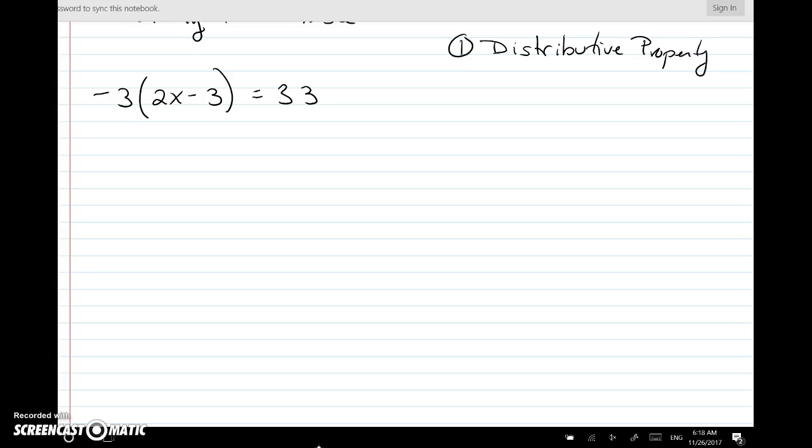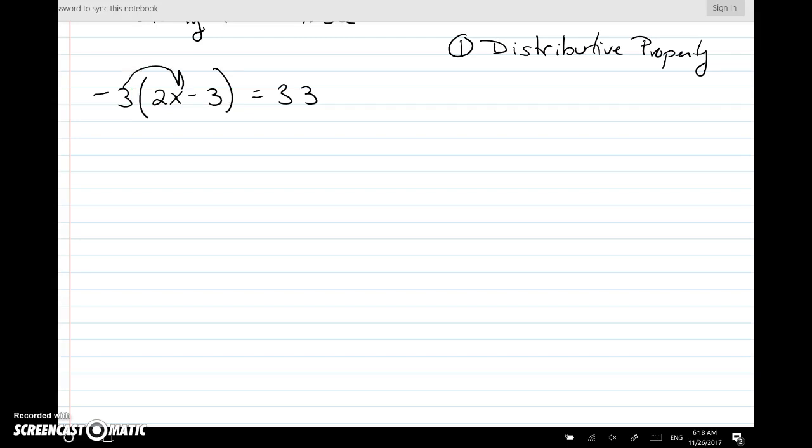Not every problem will have the distributive property, but we always look for that first. In this problem, we do have the distributive property. We can see it because we have a number and then a set of parentheses, and there's nothing in between the number and the parentheses. So let's start by distributing that negative 3.